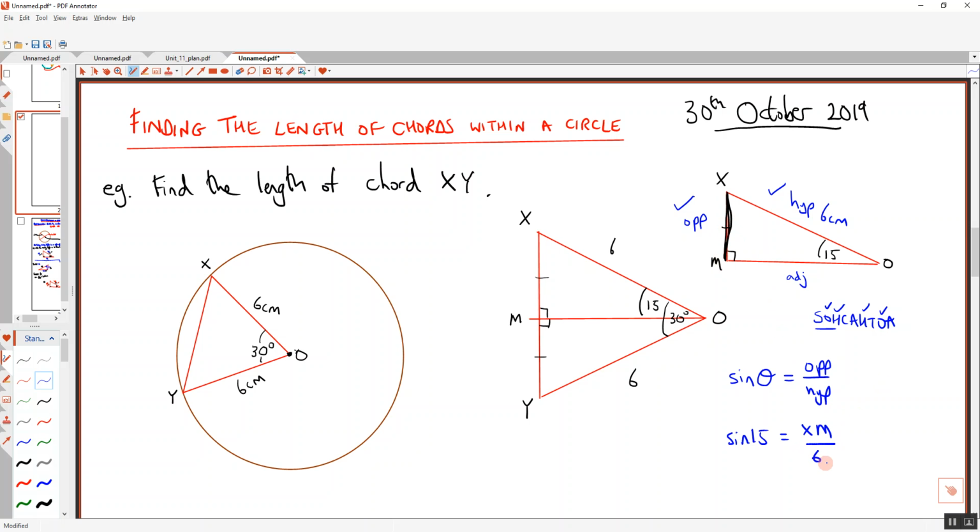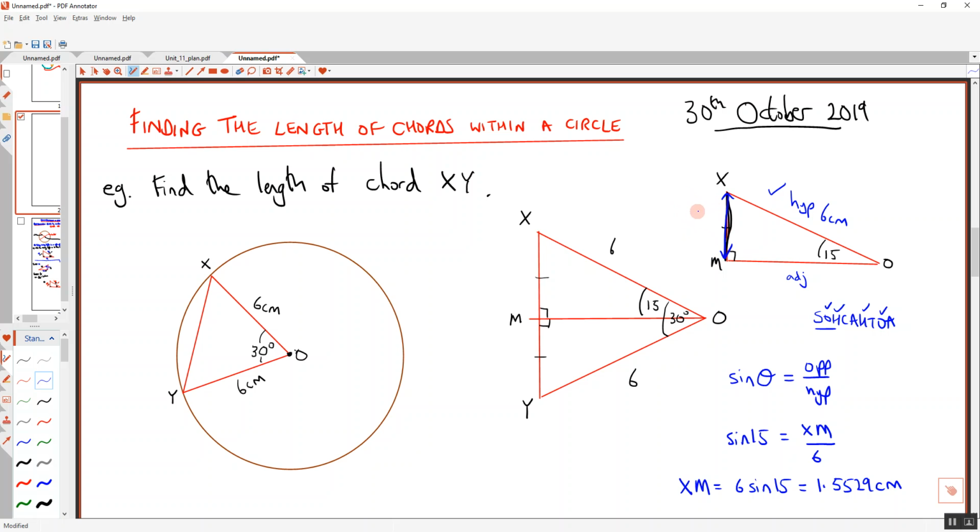So how do I work out what x is? Multiply sine 15 by 6. All right, good. Sine 15 multiplied by 6, which is 1.5529 centimeters. So this distance from here to here is 1.5529 centimeters.